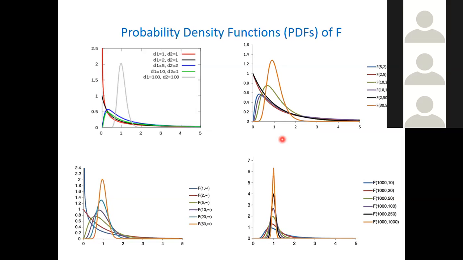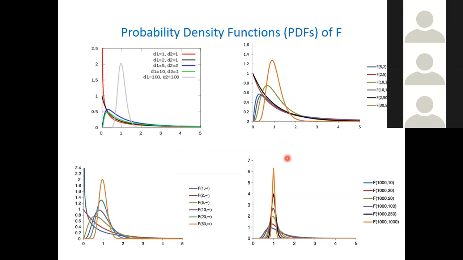It's only the standard normal distribution that is just one, that doesn't depend on degrees of freedom. But for all these other distributions, T, chi-square, F, they are a family in the sense that the shape of the distribution depends on the degrees of freedom.